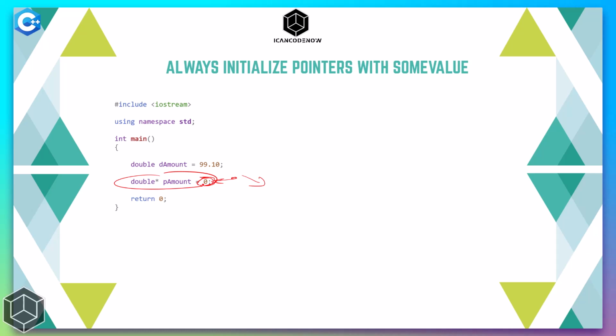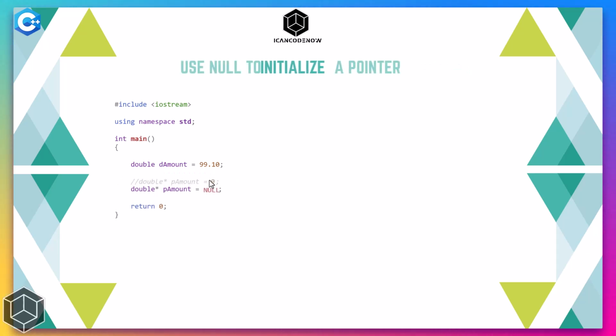So good practice is to initialize it with 0, and instead of 0 we can use this NULL, capitalized NULL word. This is a macro that is in older C and C++ language. This basically is zero, so we can use this keyword in C++.